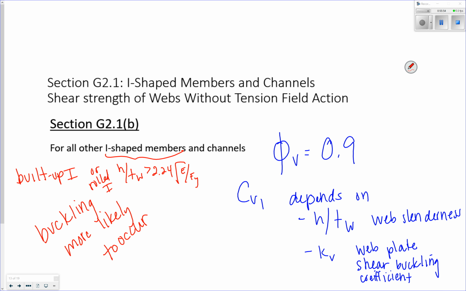Right, back in 2.1a, it said a rolled section if I have a built-up I-beam, or a rolled I-beam with an H/TW that's higher. I have to do some other calculations. First, I have to look at my web slenderness to determine, will it buckle? And if that answer is yes, then I get to calculate this KV value. How much will it buckle? How much?